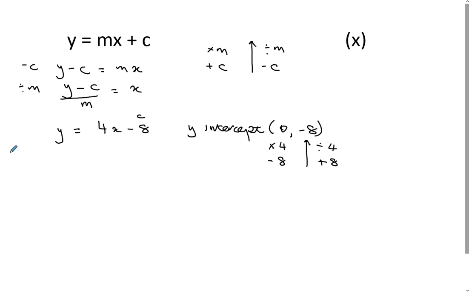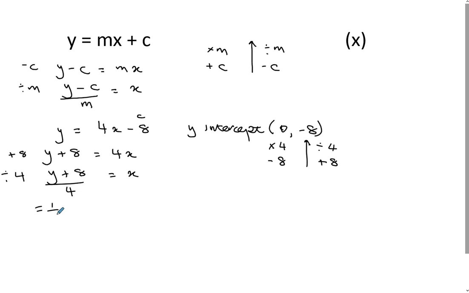Okay, so we're going to add 8. So you've got y plus 8 equals 4x, and divide by 4. So you've got (y plus 8) divided by 4 equals x. Okay, now in order to find the x-intercept, we've got to divide each of these by 4.